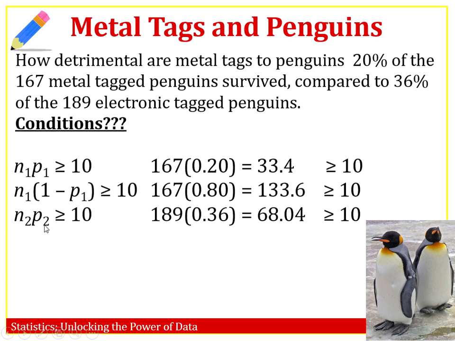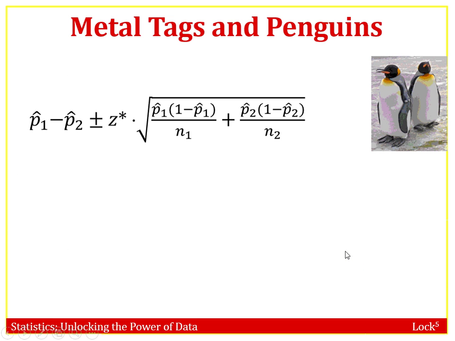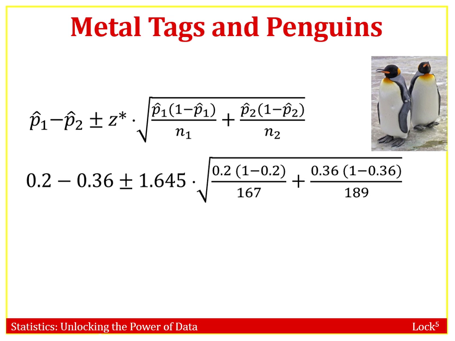Second sample size times the second proportion, see if that's greater than or equal to 10, which it is, and then second sample size times 1 minus the second proportion, and that's also greater than 10. So that's good. We've met our conditions, so now we can go ahead and use our confidence interval formula for the difference in proportions.